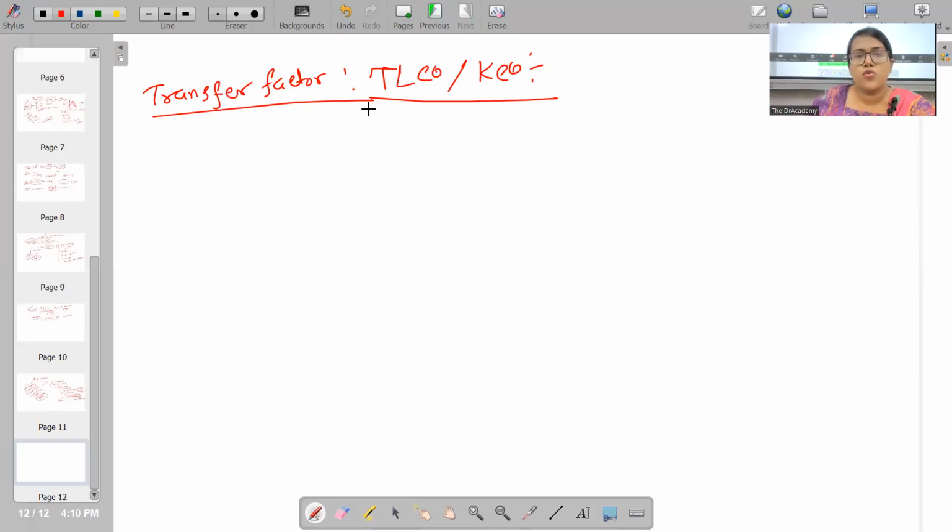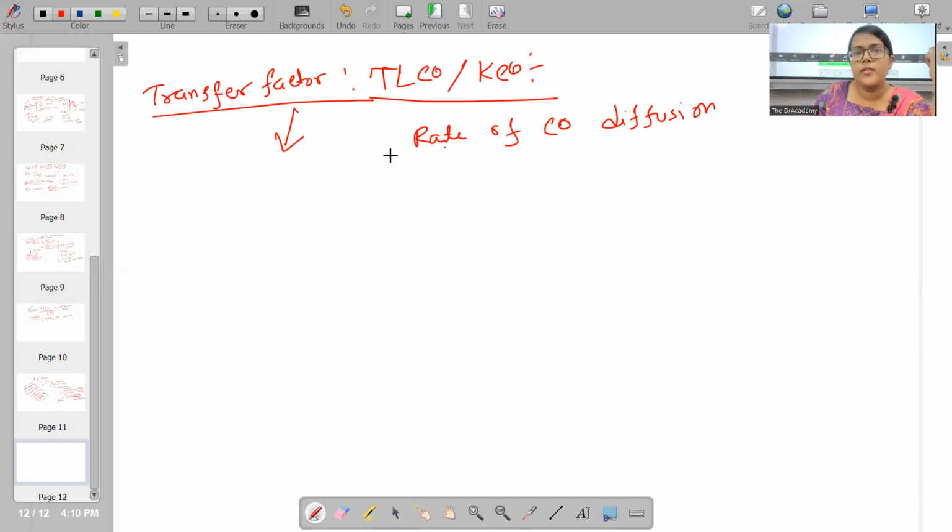So basically, what does transfer factor mean? It means the rate of carbon monoxide diffusion, the rate at which carbon monoxide is diffusing across the alveolar membrane into the blood, okay? So this will actually prompt us into understanding the lung pathology.